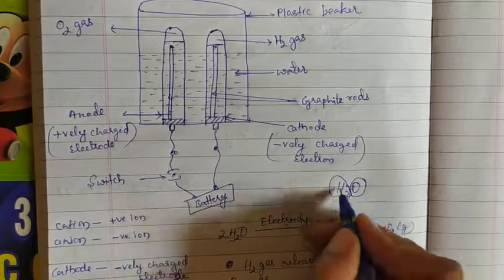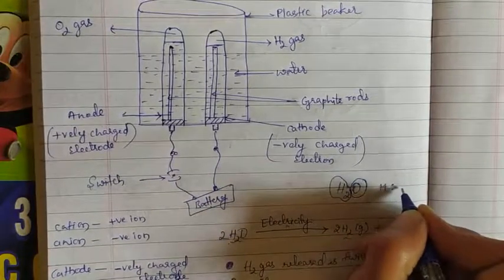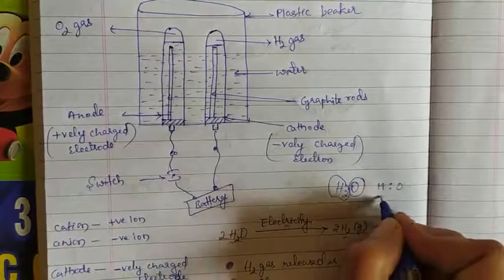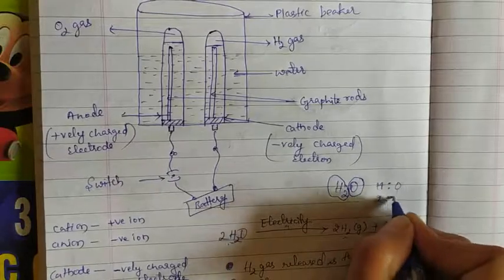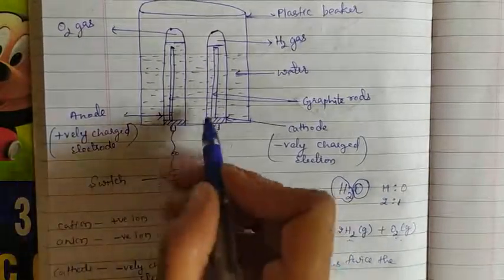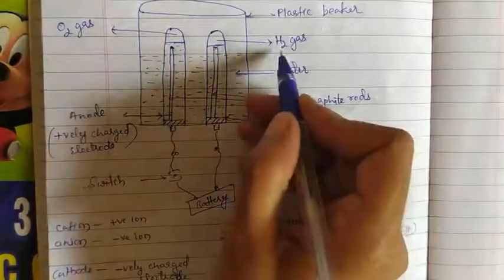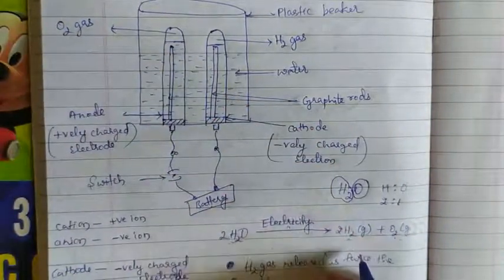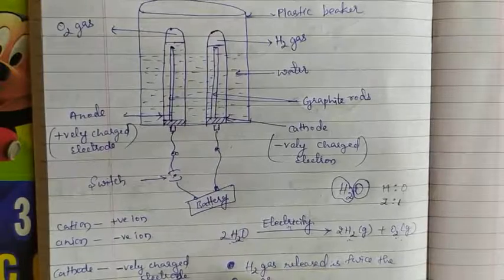Therefore, because of this ratio in water, the number of hydrogen atoms is 2, whereas oxygen is 1. Here the ratio is 2:1. Therefore, after electrolysis of water, the hydrogen and oxygen gas are released in the ratio 2:1, or the hydrogen gas released is twice the oxygen gas.